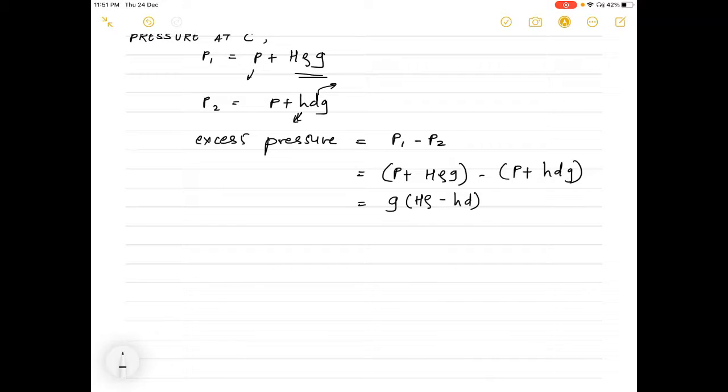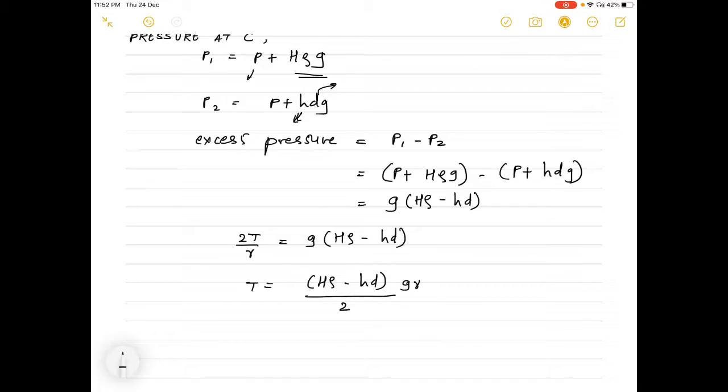But the excess pressure inside the bubble equals 2T by R. This we defined at the start of this experiment. So if you equate, 2T by R equals G into H rho minus small h into small d. So the surface tension T will become (H rho minus h d) G R divided by 2, that is, T equals G R (H rho minus h d) by 2.